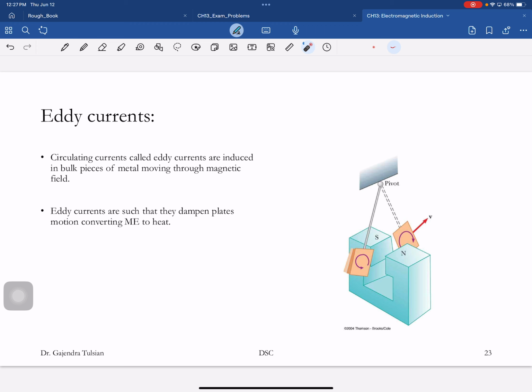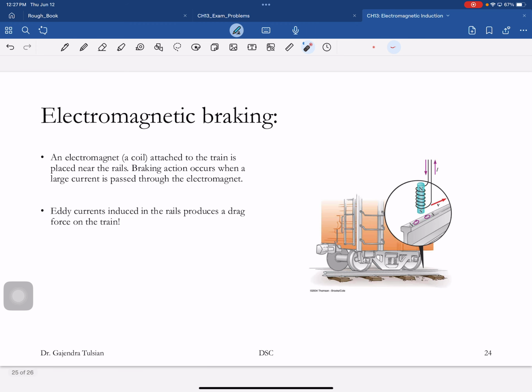You can do the same thing on a train. All you have to have is a loop of wire like that, and that loop of wire is hanging close to the track. When you want to stop the train, all you do is flip a switch and pass a current through this loop.